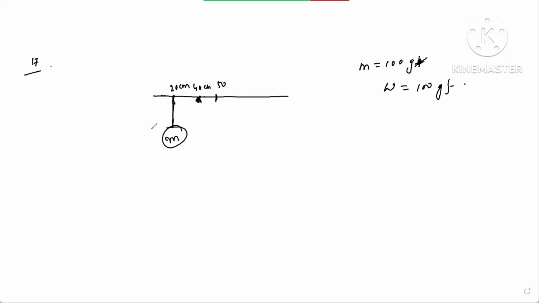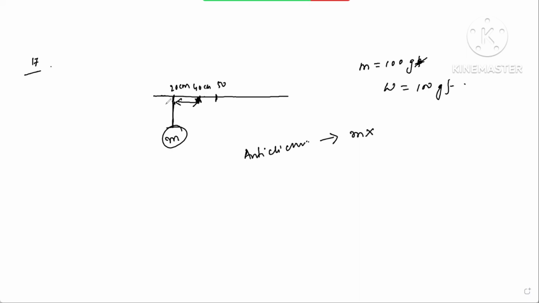So first we have to find the clockwise moment. What will be the clockwise moment? If we calculate the anti-clockwise moment and the clockwise moment, the value of anti-clockwise will be m into distance.